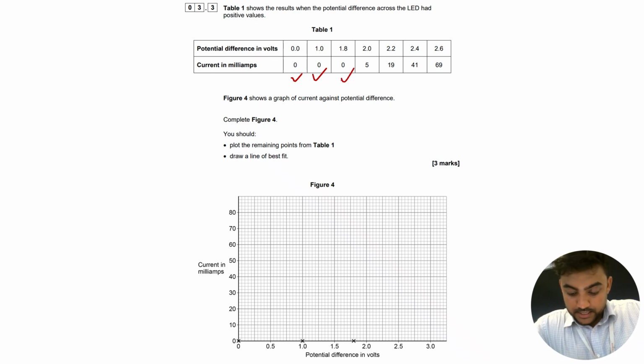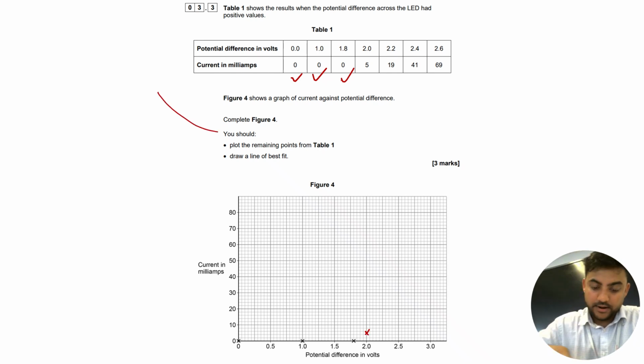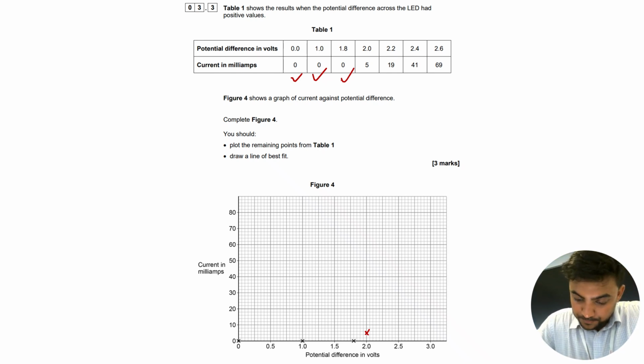For the potential difference of 2, the current in milliamps is 5. On the left hand side, on the y-axis, it goes up in tens for every big square. So somewhere between 0 and 10 is 5. I've got to be careful that I plot it correctly. For 2.2, it's 19.